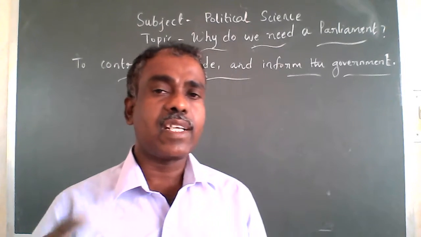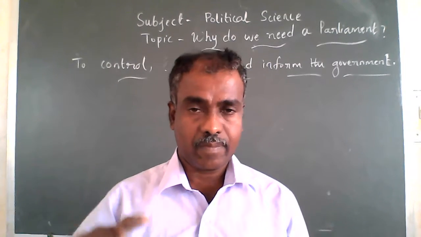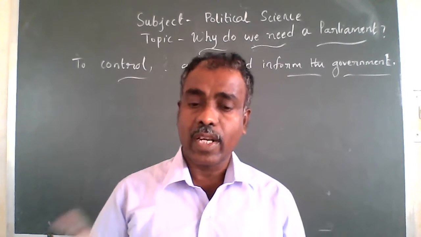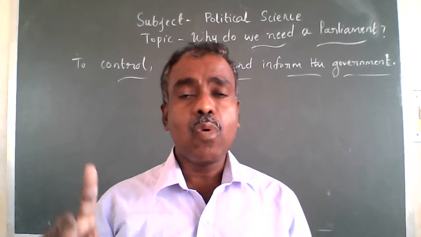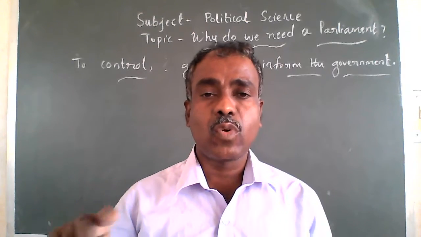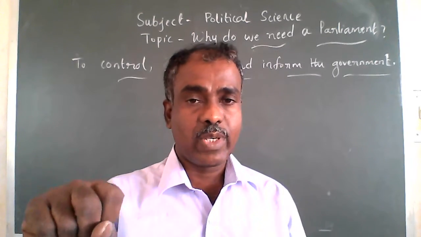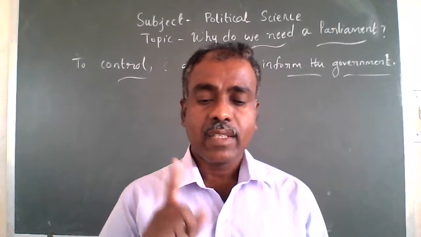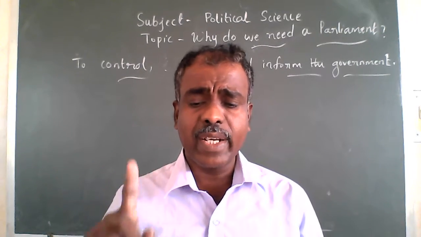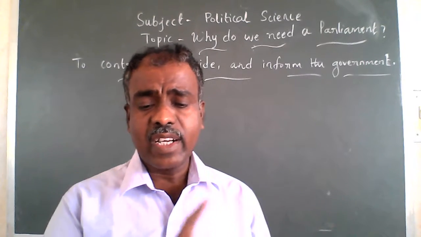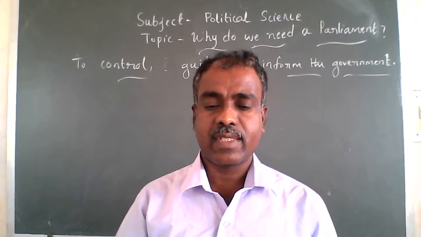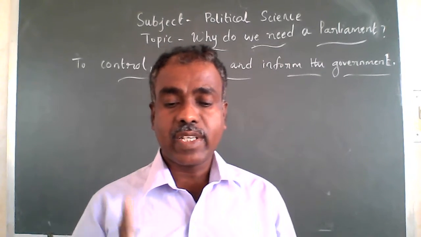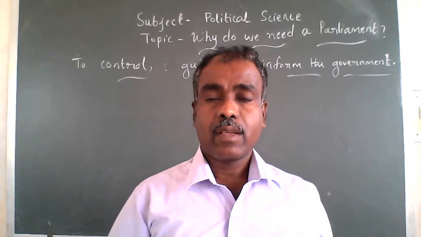Even if they are not getting a sufficient answer, they can raise their voice against the government. Understood now? This is how the parliament controls the executive body or the government. By asking questions, the government is alerted to its shortcomings.